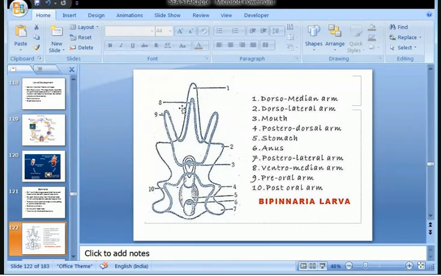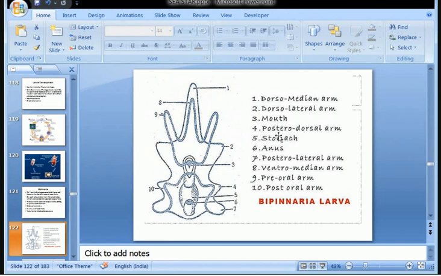So this part is median, and it is present on the dorsal side. So that part will be called the dorsomedian arm. Then these are the lateral arms. Okay, shorter, these two. Number 2 is the lateral arms on the dorsal side. So dorsolateral. Okay, so this is dorsomedian. These are dorsolateral.